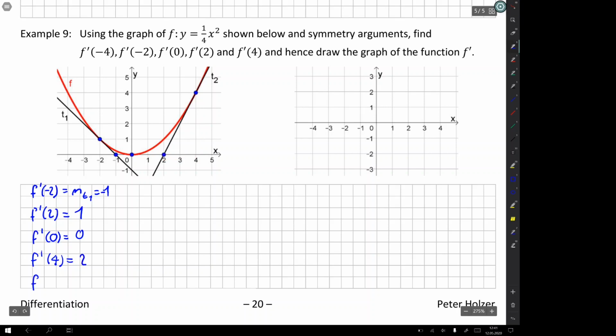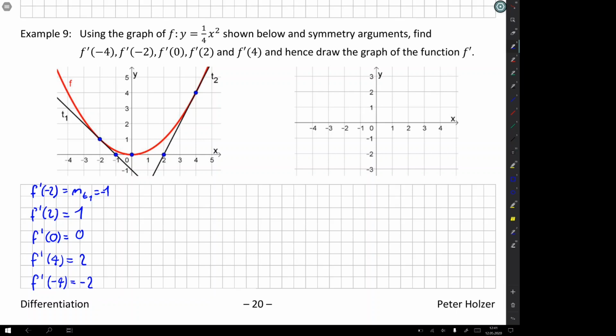And now with the same argument as before, to find the gradient in the point with x coordinate -4, this tangent is just this tangent mirrored at the y-axis, which means it has the same gradient as the other tangent but with a different sign, so it is -2.